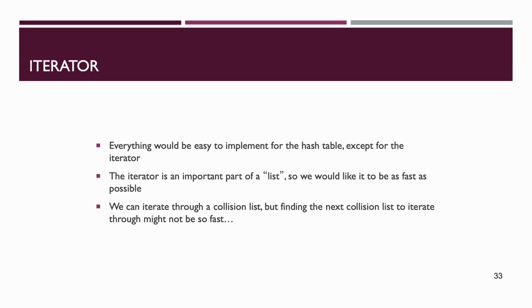So everything would be easy to implement for the hash table except for the iterator. The iterator is an important part of a list, so we would like it to be as fast as possible. We can iterate through a collision list, but finding the next collision list to iterate through might not be so fast. So we'll now see an example of an iterator.